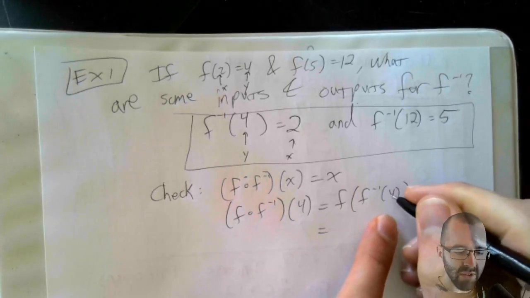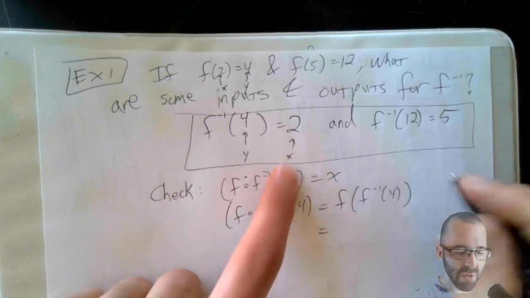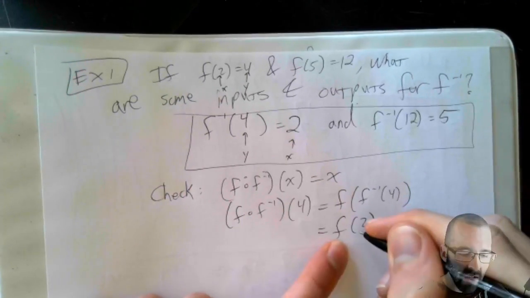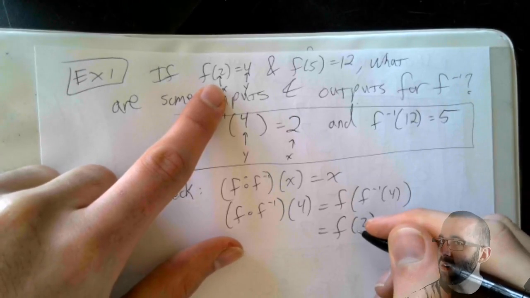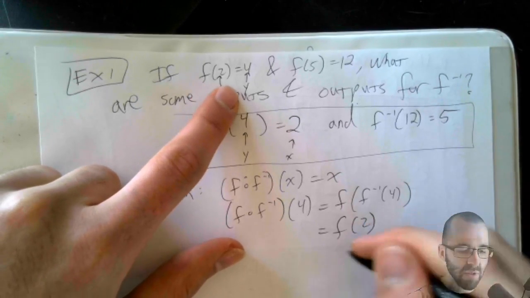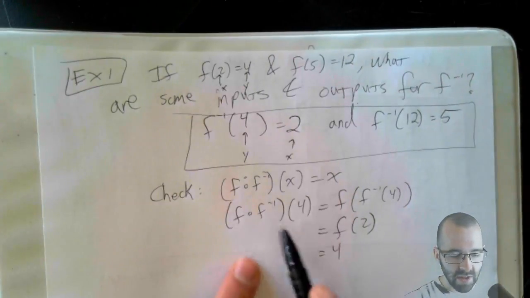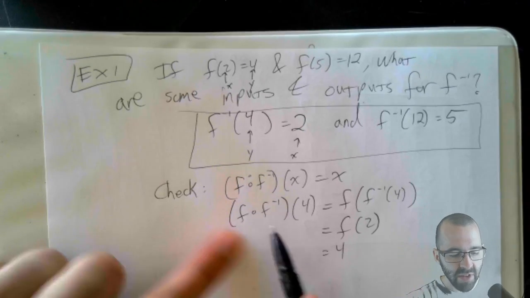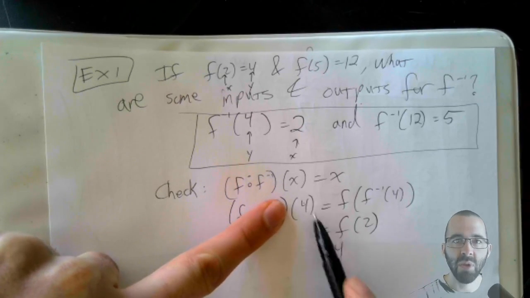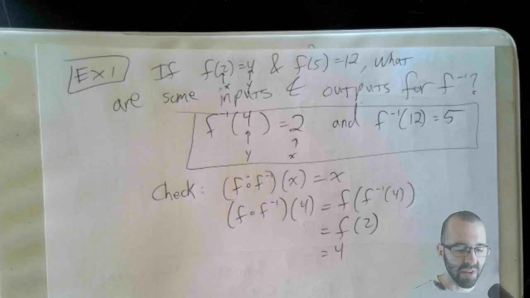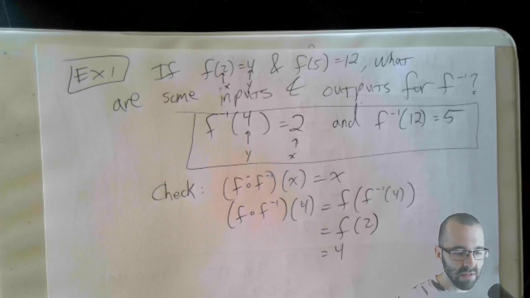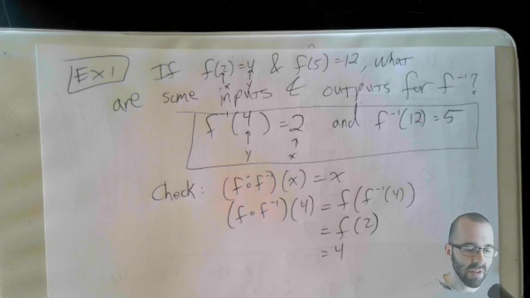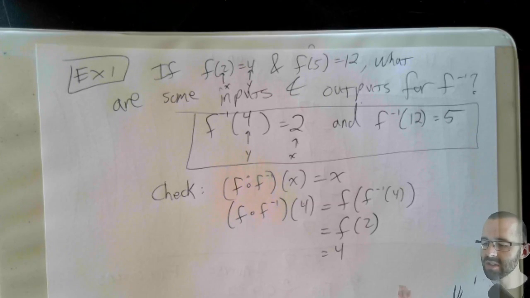We said f inverse of 4 was 2. Well, what's f of 2? We said f of 2 is 4. So notice, the f of f inverse cancel each other out and we get 4 equals 4. That's how inverses work. They undo each other. So it's one way that we can gut check and make sure that we're doing this right. Any questions so far?